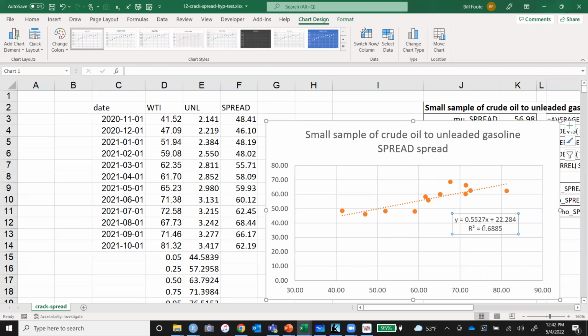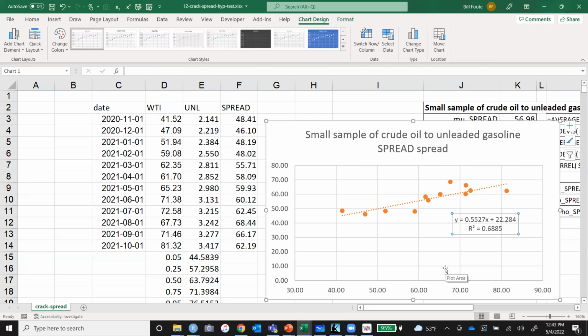So the R squared basically says if we were to draw little deviation lines from the point to the line, vertically, R squared would be some notion of the percent of variation in y, which is spread here.